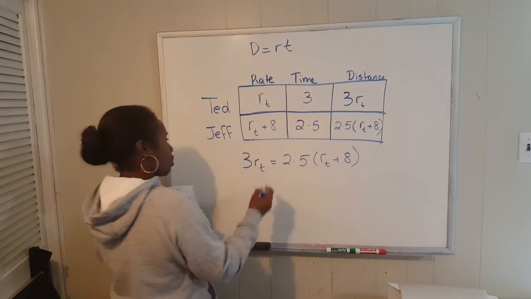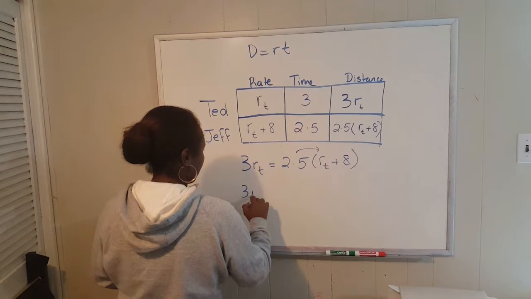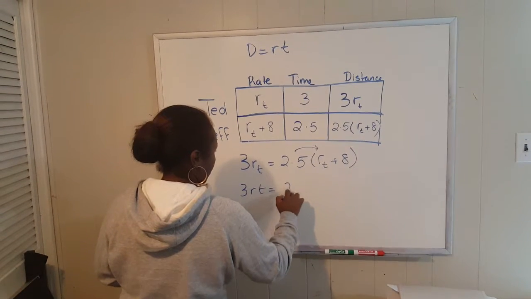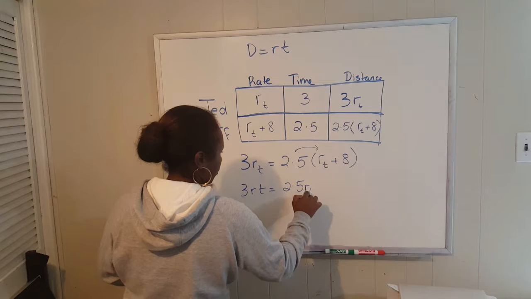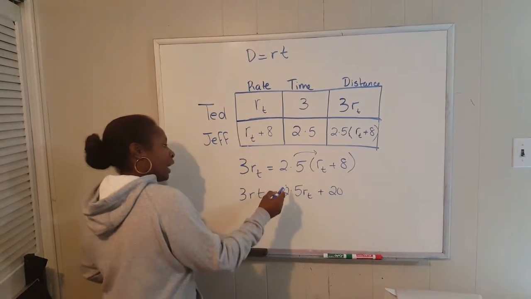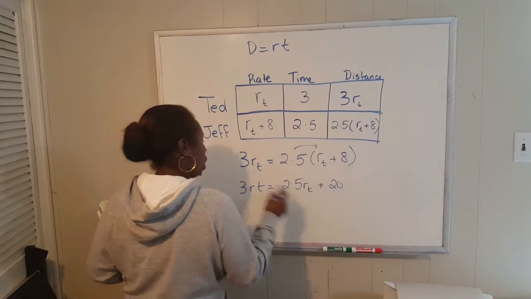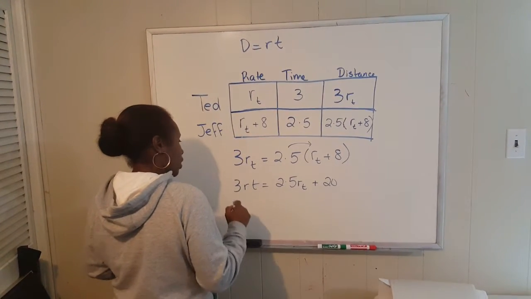All right, so we'll distribute this 2.5. All right, and we'll just isolate RT. Okay, we'll solve for RT.